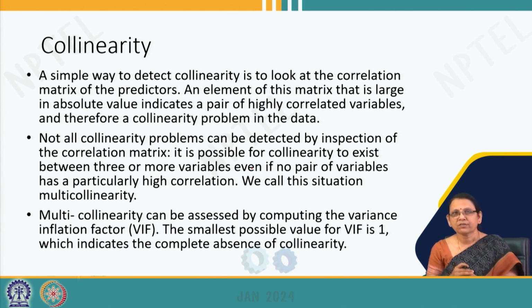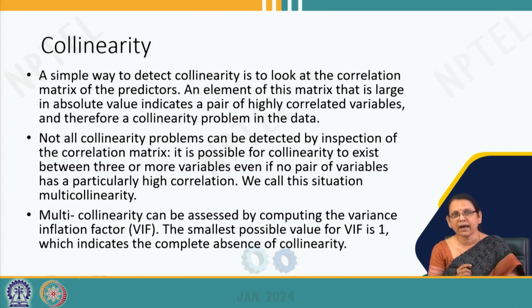Whereas this may not be the case always. It may so happen that this may not be visible from the correlation matrix and the scatter plot that you make between two predictors. Both these are between two variables.